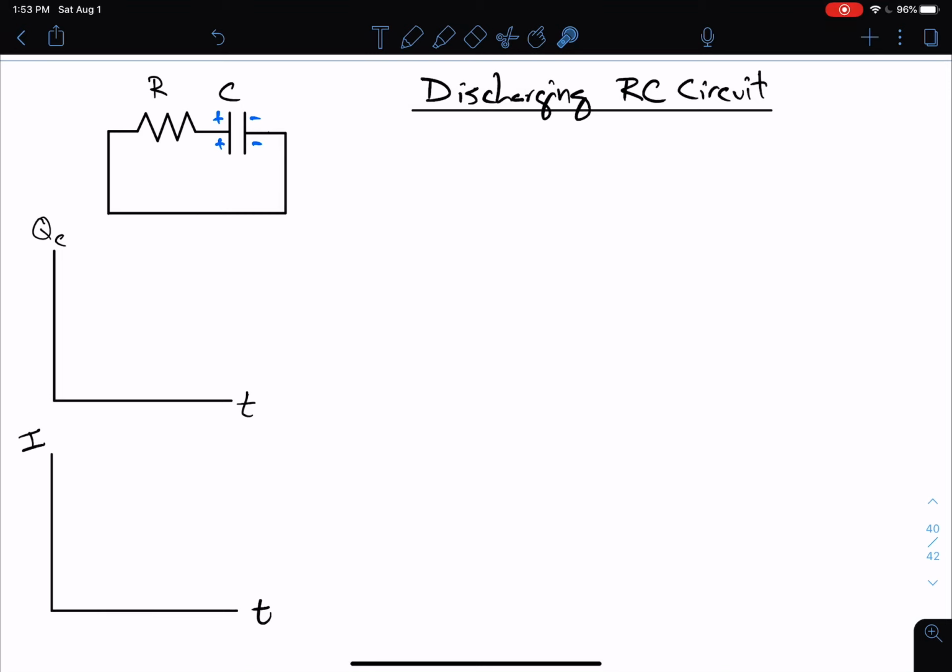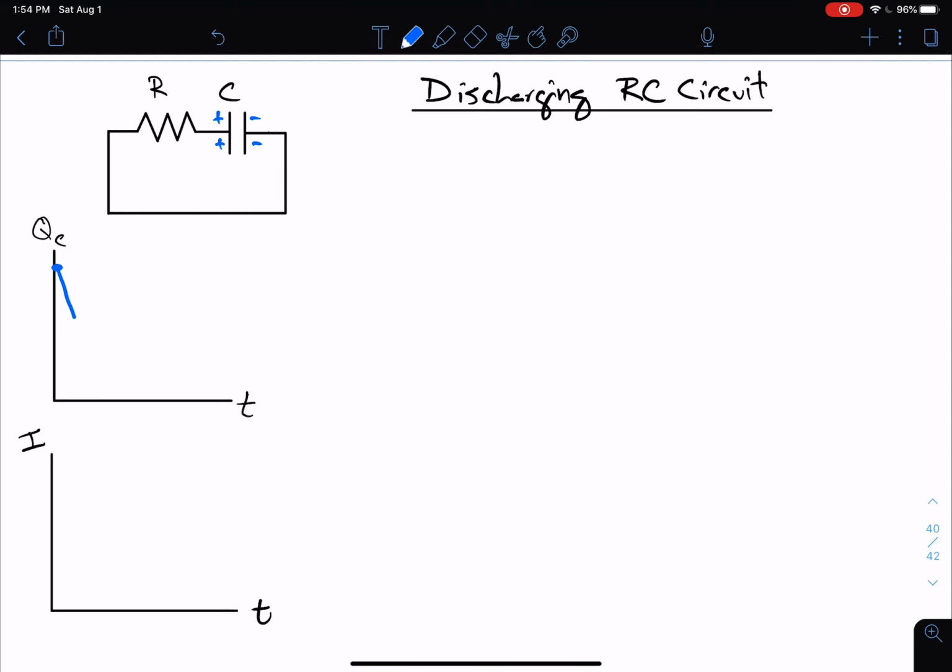And once this circuit is completed, those electrons are going to push each other off. They're going to go this way all the way around through the resistor to get to the positive side of the capacitor. And initially, there's going to be a lot of repulsion. And because there's a lot of repulsion to begin with, that means the current is going to be high. The charges are going to be pushed off quite rapidly.